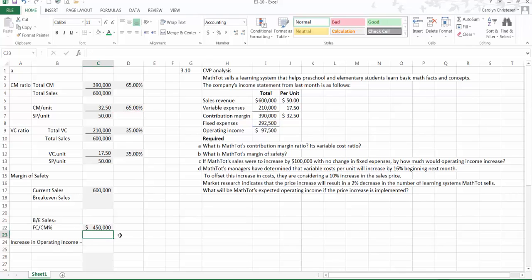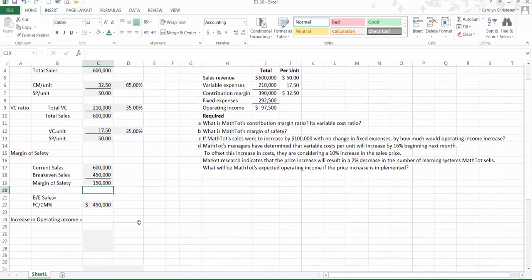Okay, so that tells us that our break-even sales are $450,000. We're going to put those up here. And our margin of safety is the difference between the $600,000 and the $450,000, or $150,000. That's our answer to part B.